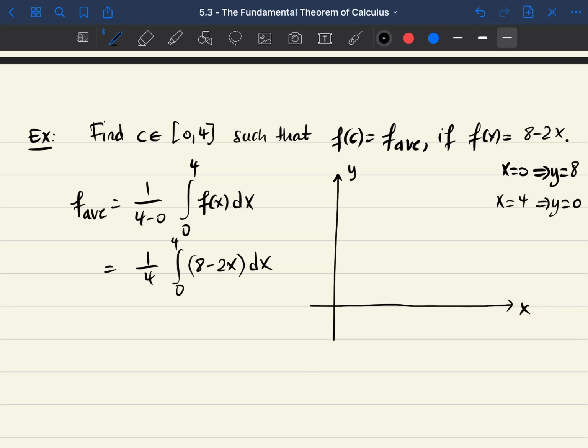So you have 4 here and then 8 here. So it's this line segment. We want to find the area of this triangle.